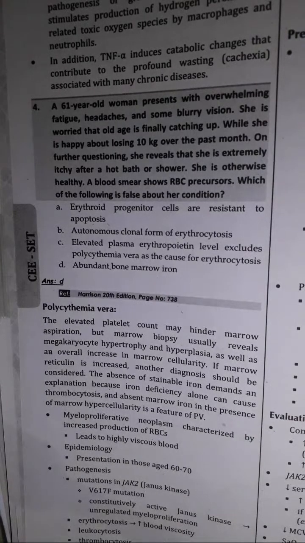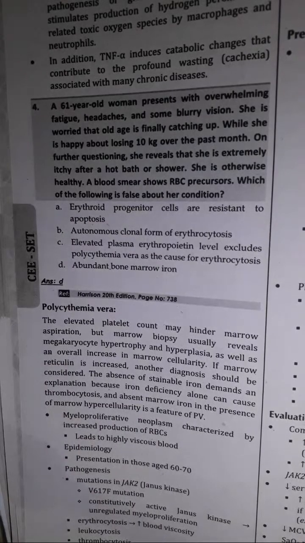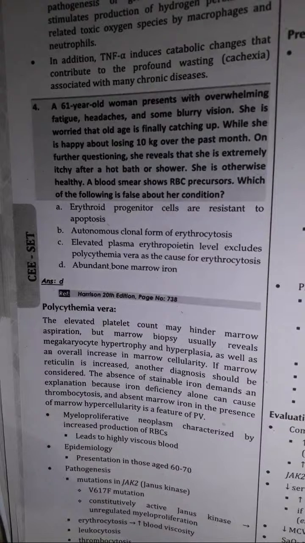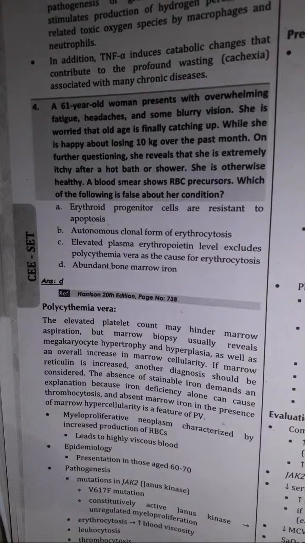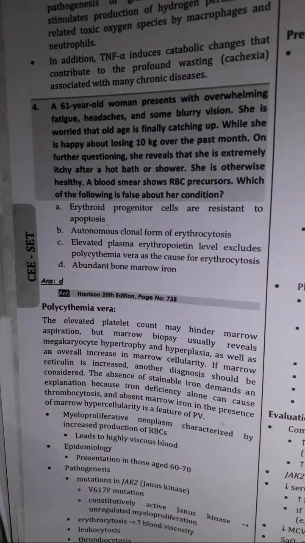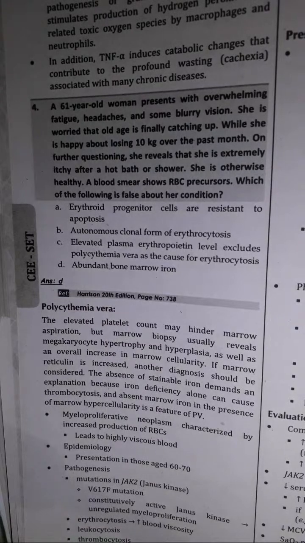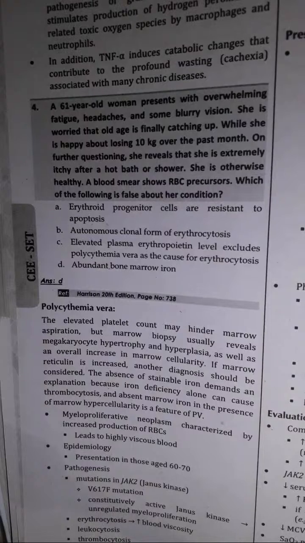A blood smear shows red blood cell precursors. Which of the following is false about her condition? A. Erythroid progenitor cells are resistant to apoptosis. B. Autonomous clonal form of erythrocytosis. C. Elevated plasma erythropoietin level excludes polycythemia vera as the cause for erythrocytosis. D. Abundant bone marrow iron.